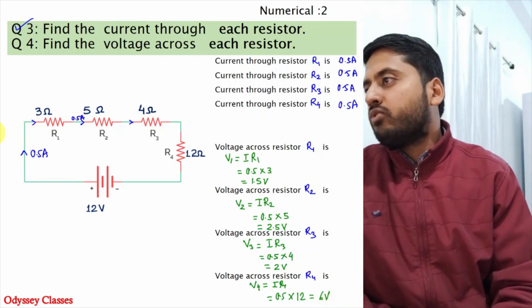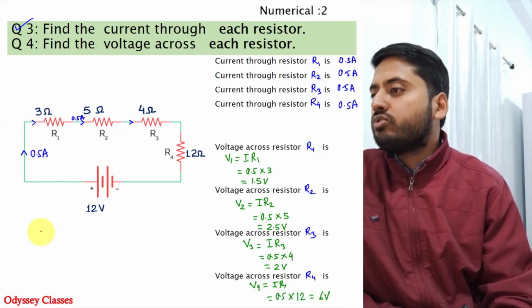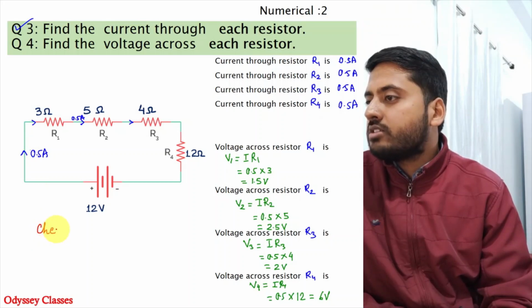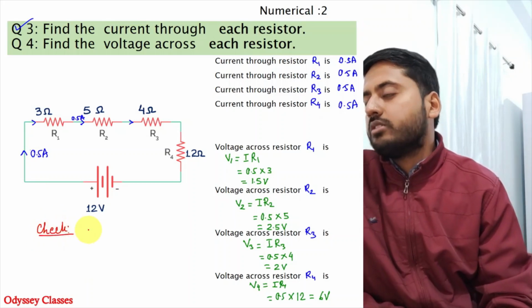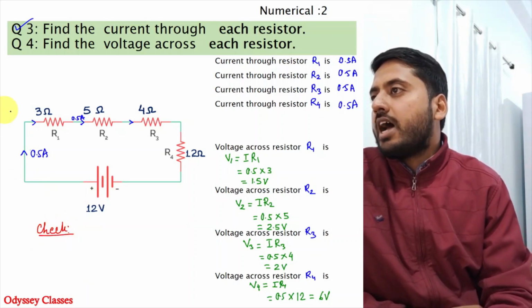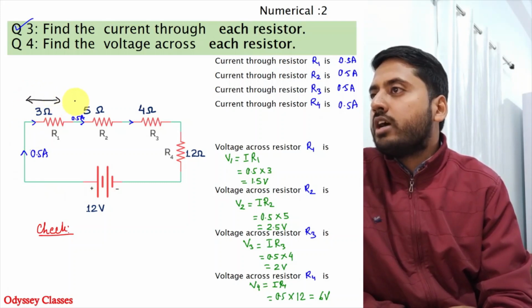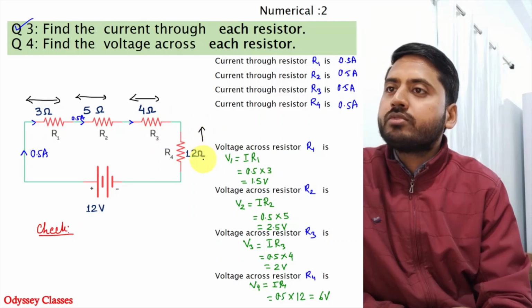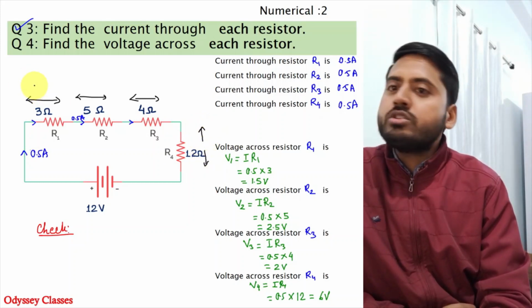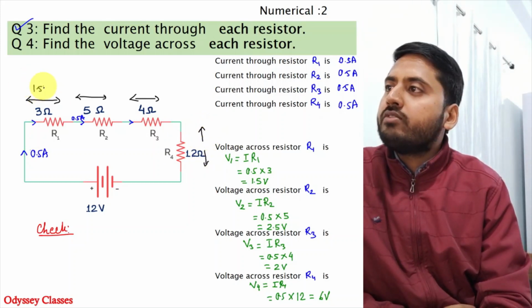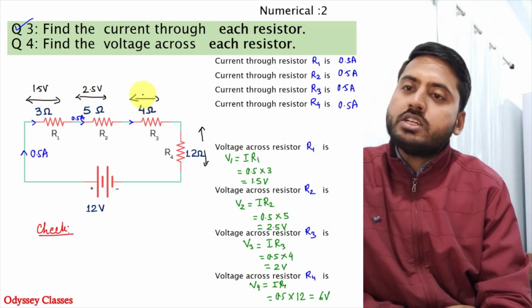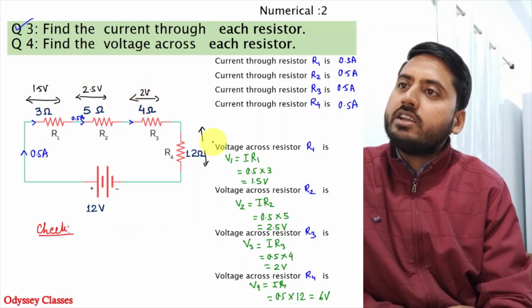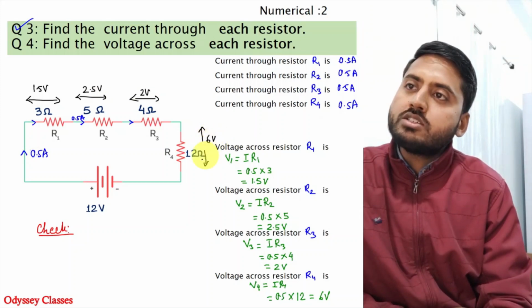But again, before we jump into the next question, we should always verify our answer. So let's check our answer. What we do here is add all the values of V1, V2, V3 and V4. V1 was 1.5 volt, V2 is 2.5 volts, V3 is 2 volts, and voltage across R4 we have calculated as 6 volts.